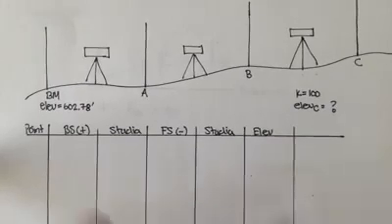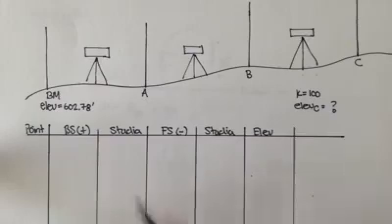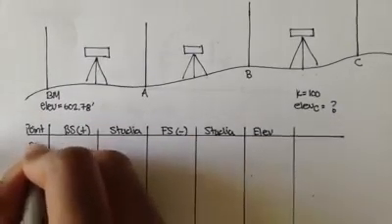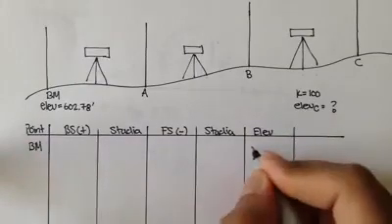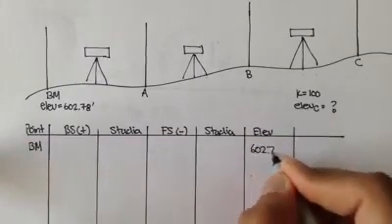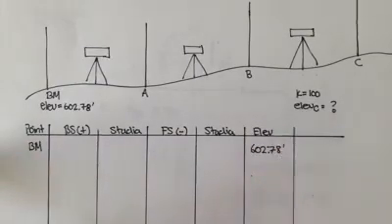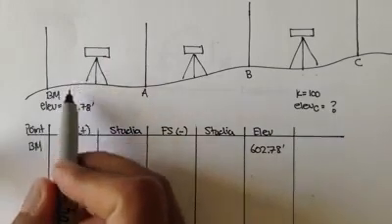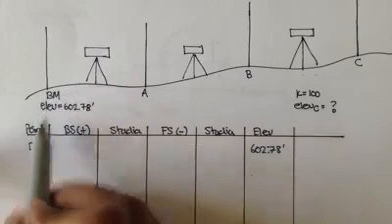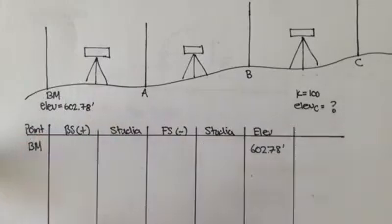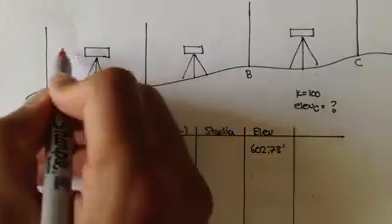So let's start here at the benchmark and say that its elevation is 602.78. Okay, so we take the backsite for BM and we read. Remember, we're taking 3 readings, not 1.